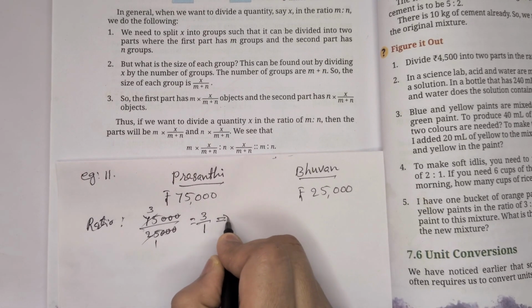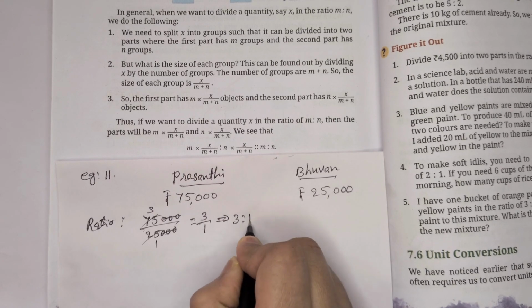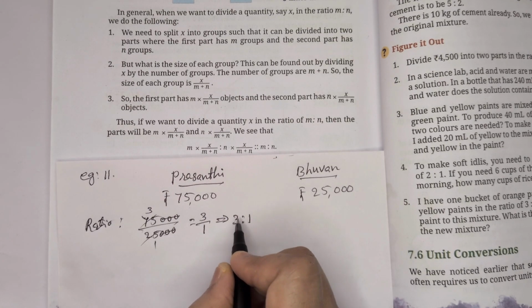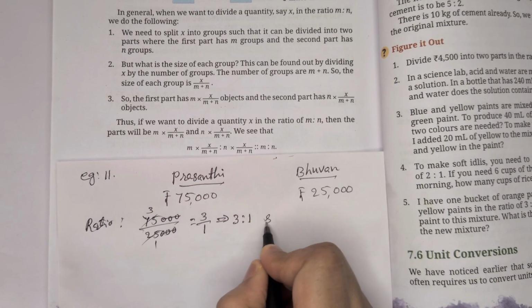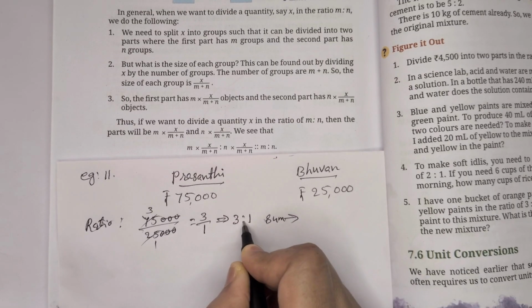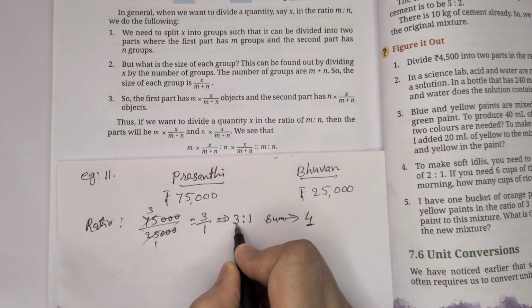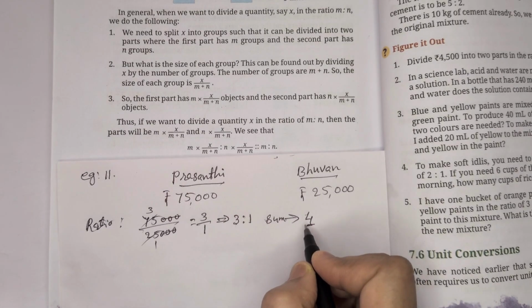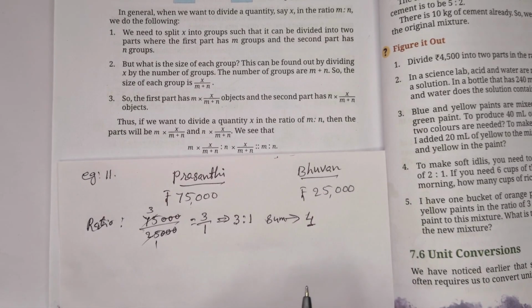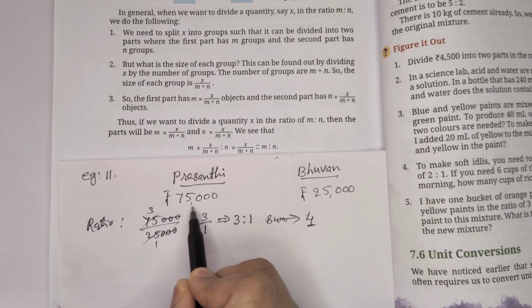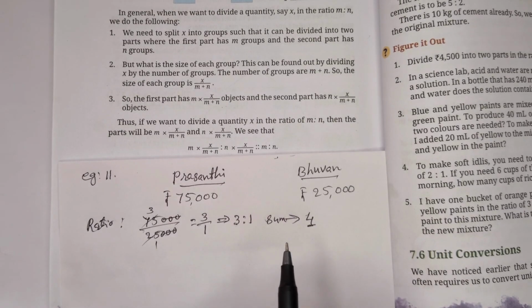The sum of the ratio parts is 3 plus 1, 4. Out of 4 parts, Prashanthi has taken 3 and Puvan has taken 1 part, in rupees 75,000 and 25,000.